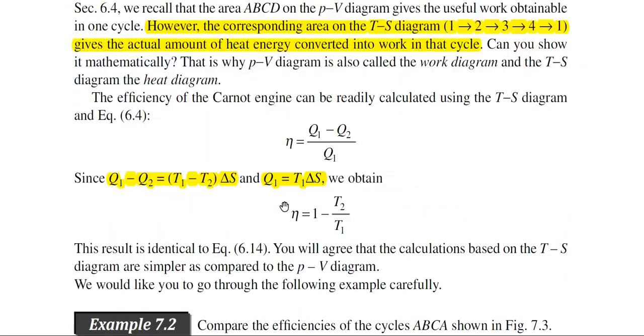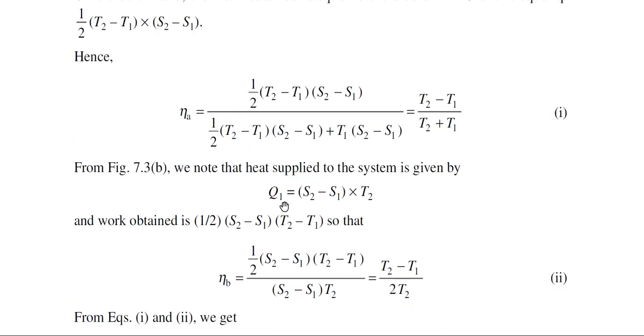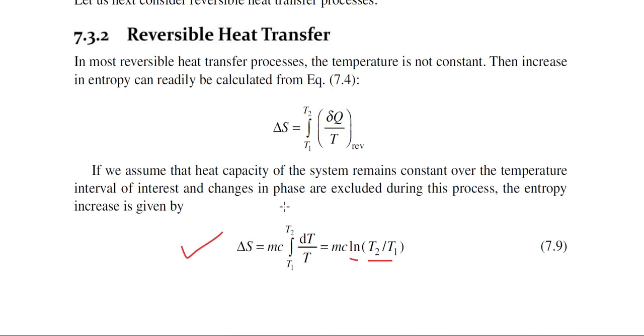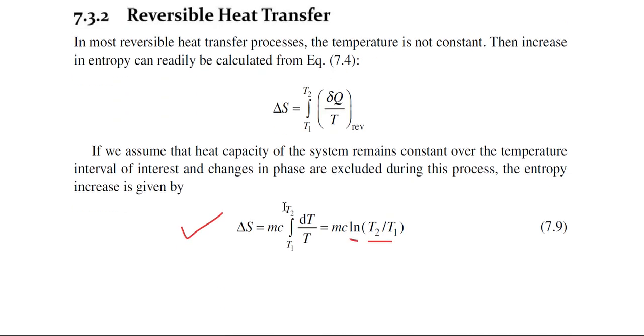Now, here is another formula which can be used in different types of numerical problems. One such formula is when we consider entropy change in some reversible process, where the heat capacity of the system remains constant over the temperature interval.